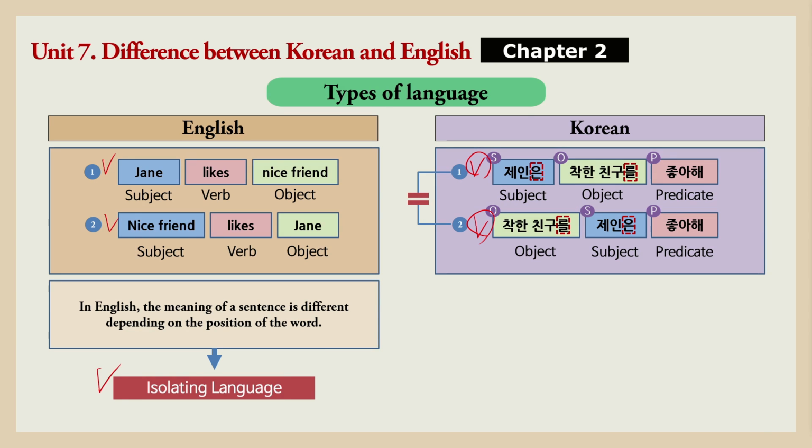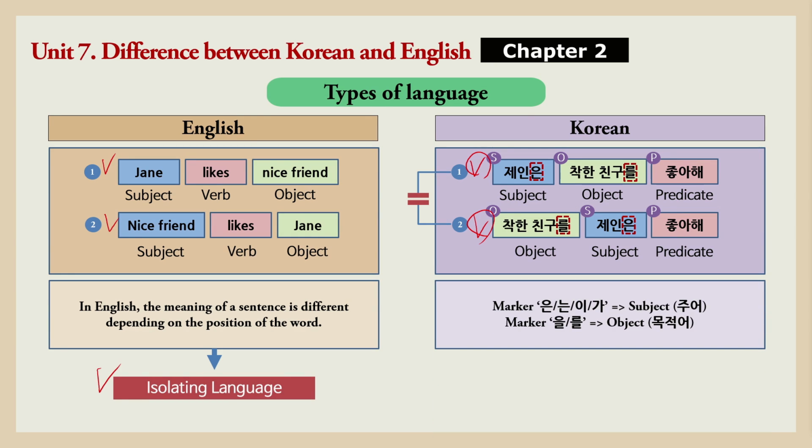Why? In Korean, it becomes the subject if you attach a marker such as 은, 는, 이, 가. And if you add a marker 을, 를, it becomes the object. Even if you change the location, the meaning is the same.